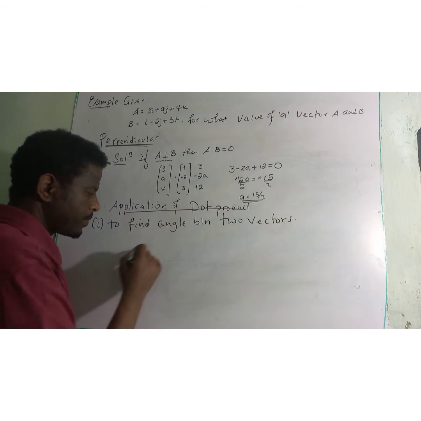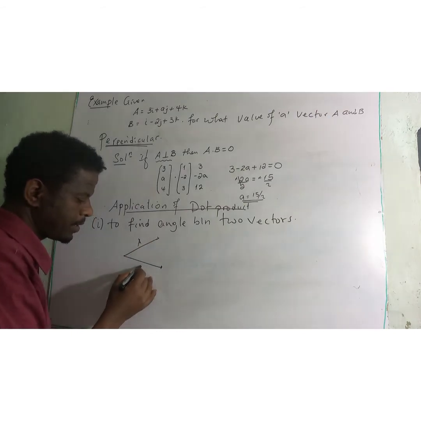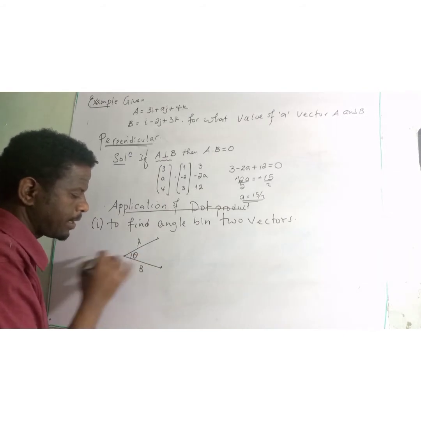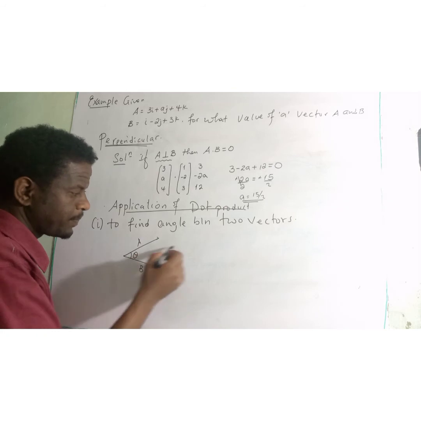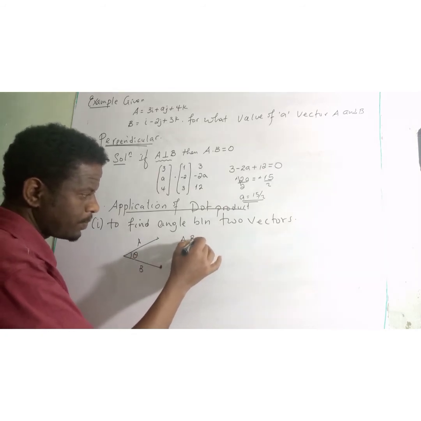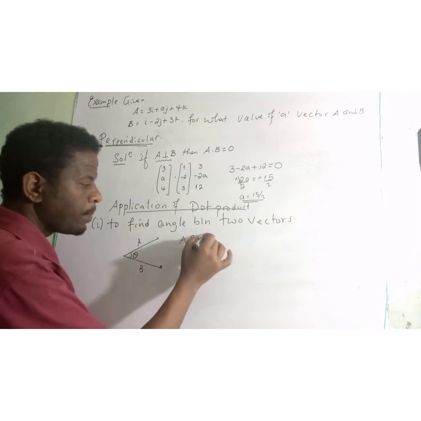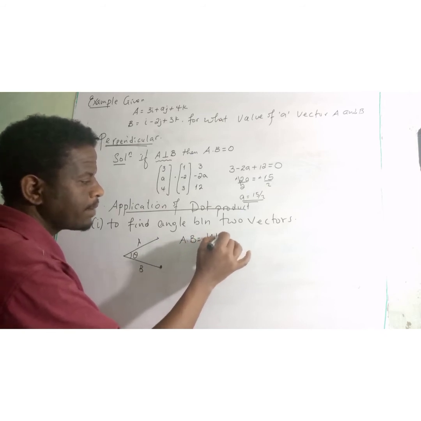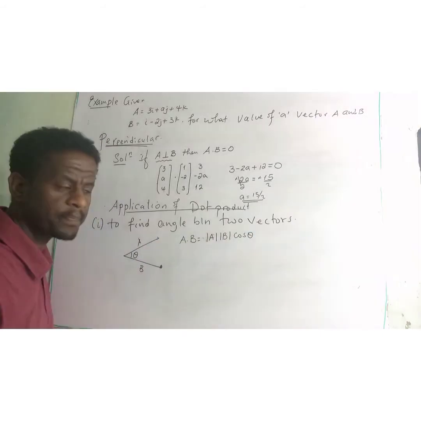For example, this vector A and here vector B, angle theta. Then from the definition of the dot product, A dot B equals magnitude of A times magnitude of B times cos theta.